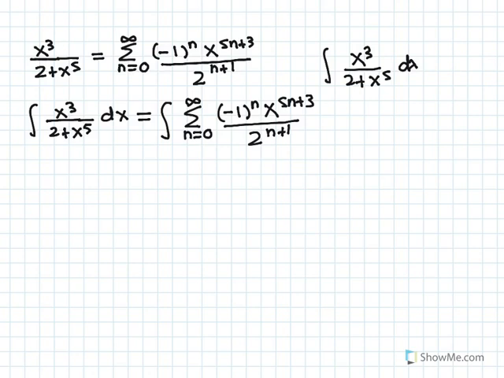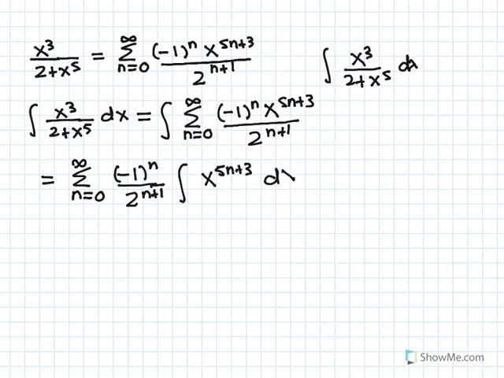Now the integral of a sum is the sum of the integrals, so we can rewrite this as summation n equals 0 to infinity of minus 1 to the power of n divided by 2 to the power of n plus 1. These are constants. We push them outside the integral. And we integrate the term that involves x, because we're integrating with respect to x. x to the power of 5n plus 3 dx.